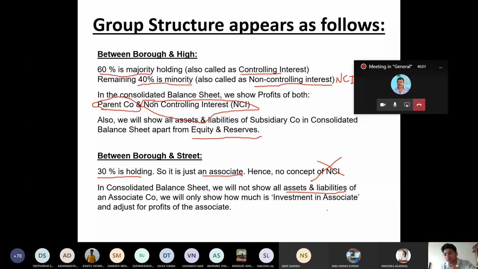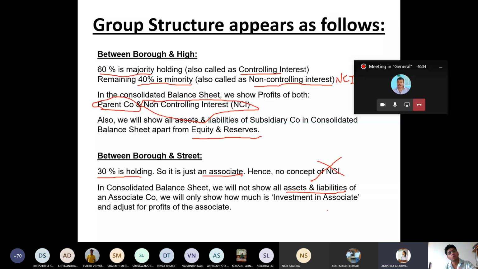Now, for example, if the associate earns 1 lakh of profits, how much will I show in my balance sheet? 30,000, 30%, correct? 30,000 I'll show in my balance sheet. And tell me, the remaining 70,000, should I show it in my balance sheet?